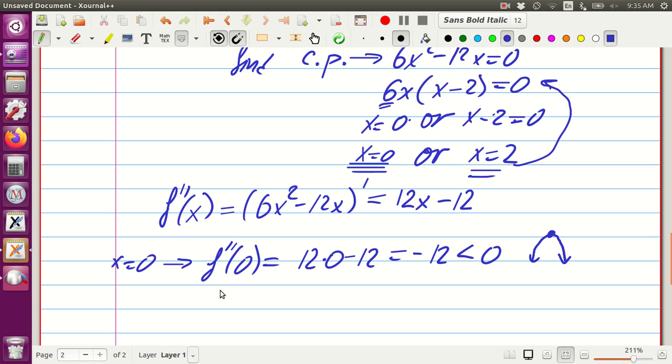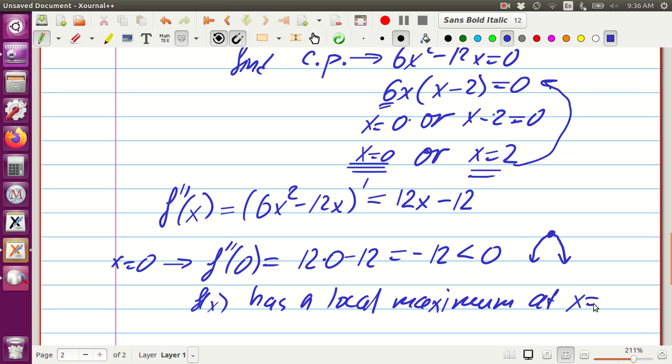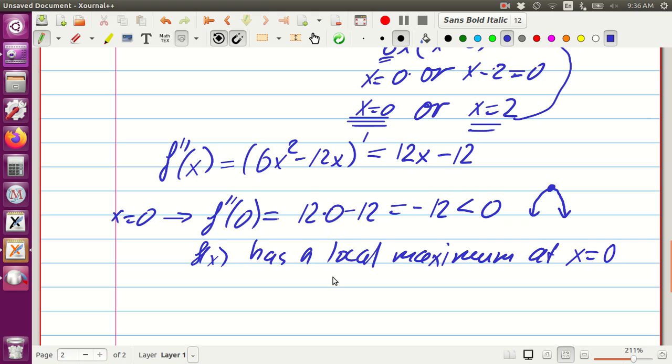So conclusion, f of x has a local maximum at x equal to 0. Again, we didn't really provide the point of local maximum, because to provide the point, we also need to find the y value. We only found the x value, but that's good enough. Unless the assignment specifically asks us to find the y value, we wouldn't do that.